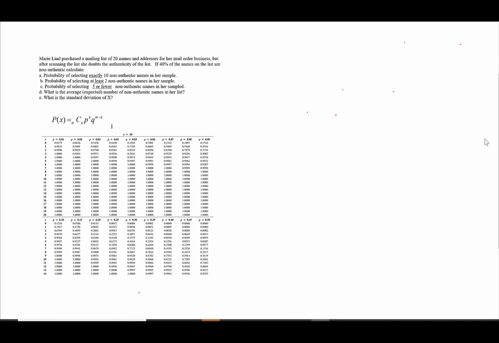We have just two possible outcomes for this experiment, to be a non-authentic name or to be an authentic name. Because we are looking to calculate the probability to be a non-authentic name, that is considered a success in this experiment, and this probability is given, it's 40%.